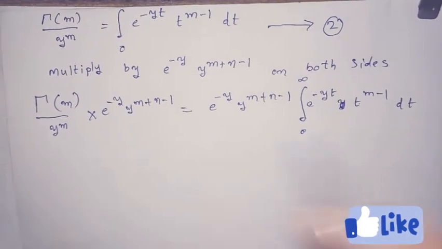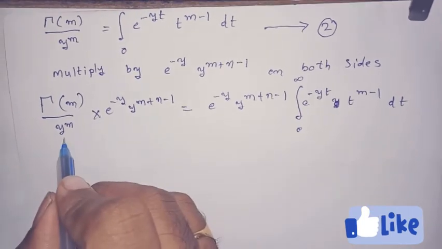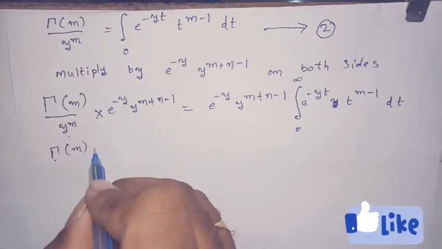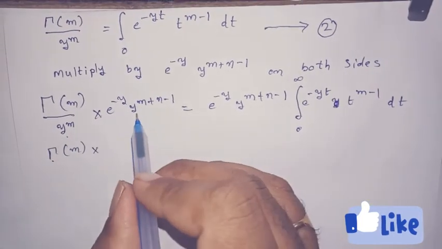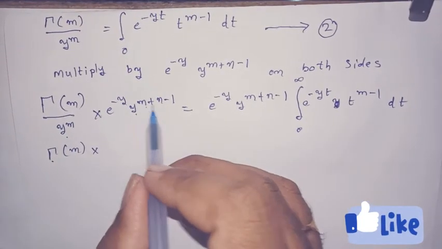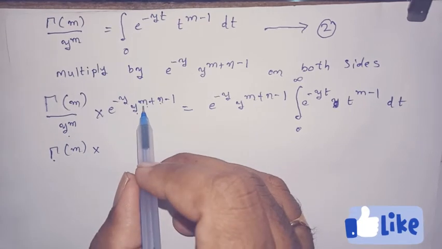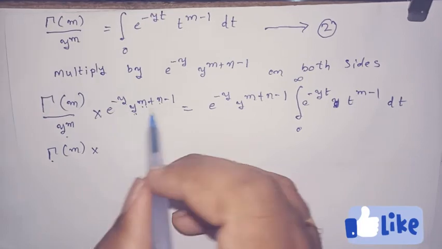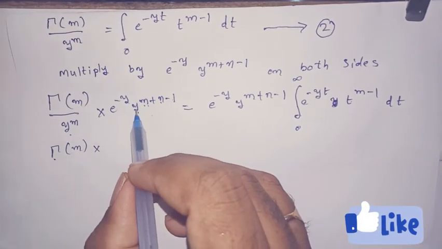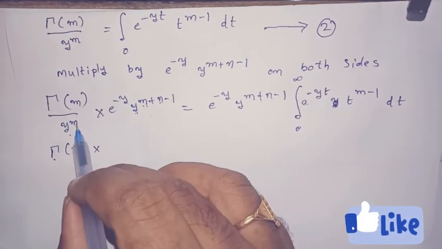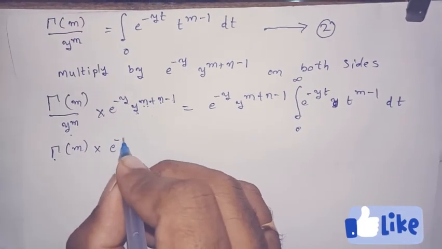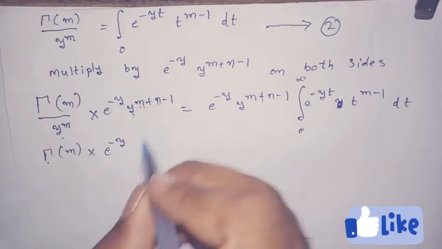Okay, now here we can write y power of m plus n minus 1 as y power of m into y power of n minus 1. Then y power of m and y power of m are cancelled. Therefore we have gamma of m, e power of minus y, y power of n minus 1.